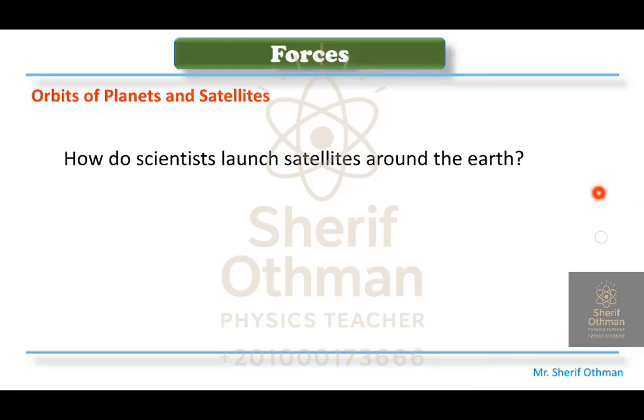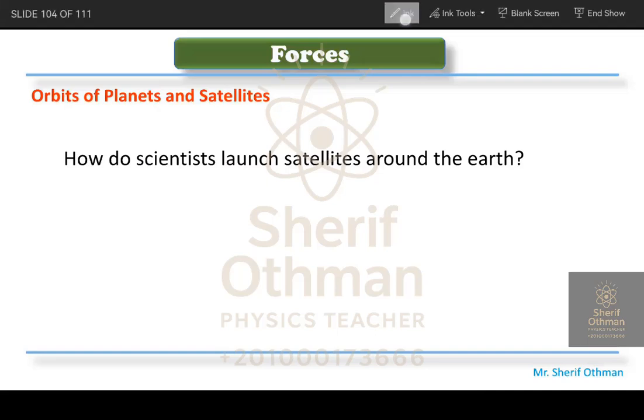How do scientists launch satellites around the Earth? The process of launching satellites around the Earth depends on free fall and the gravitational force between the planet and the satellite. Let's say that here is the Earth. Scientists launch the satellite into space to reach a certain point. At this point, the satellite is going to fall down freely.